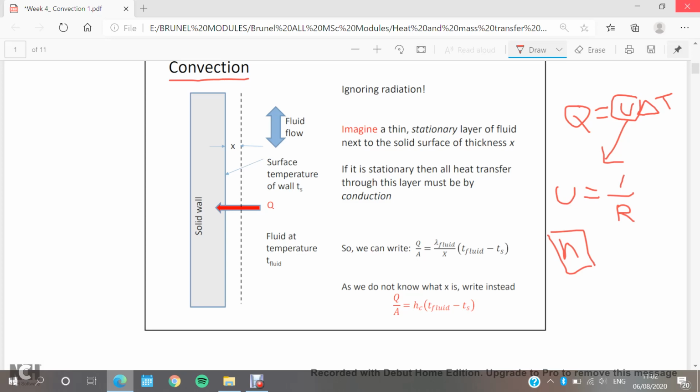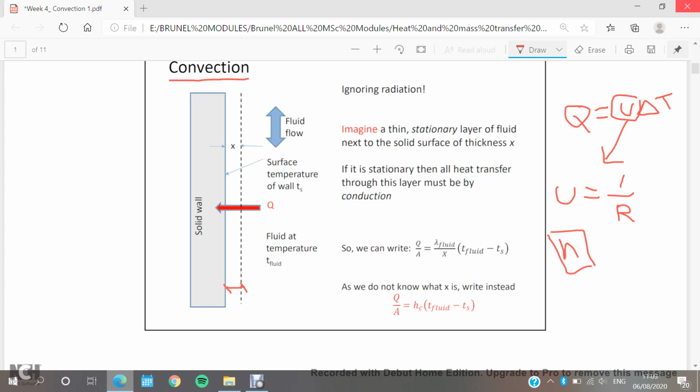Imagine there is a vertical solid wall, and near this wall there is a fluid, let's say air for example. This small layer near the wall will be a bit stationary. Why is that?